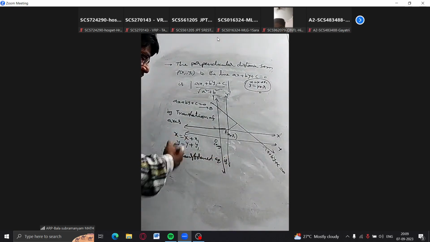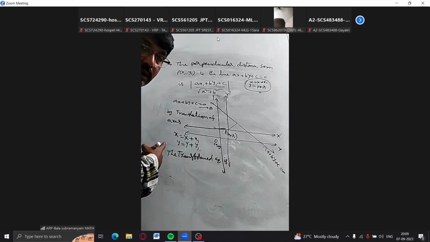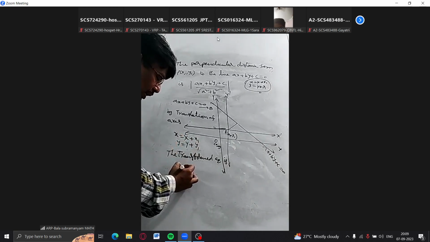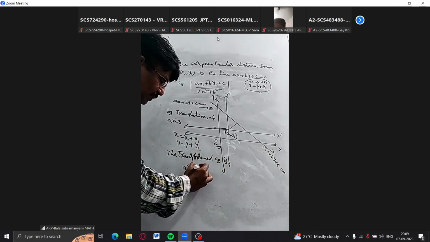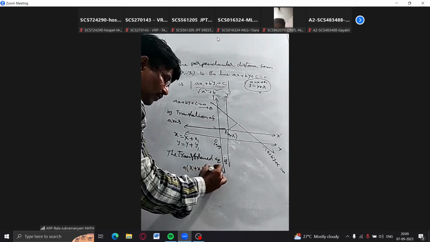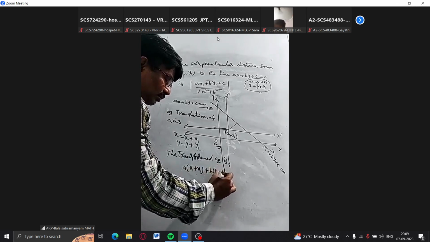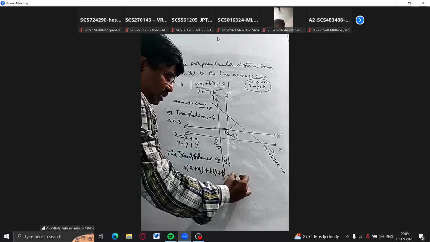The transformed equation is: in place of x we write X + x1, in place of y we write Y + y1. So a(X + x1) + b(Y + y1) + c = 0.